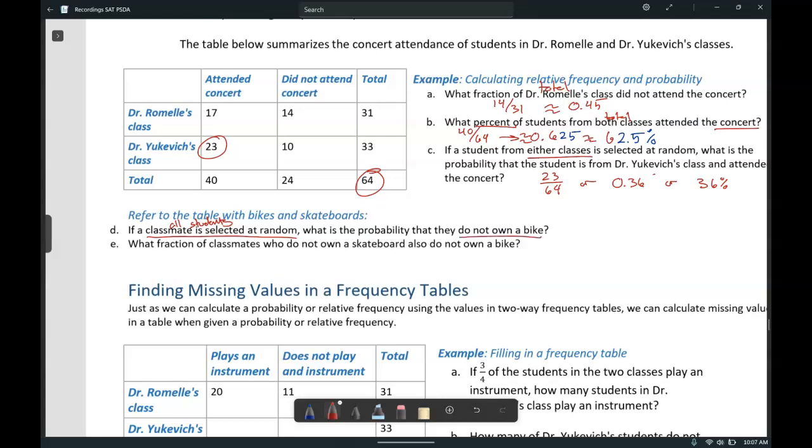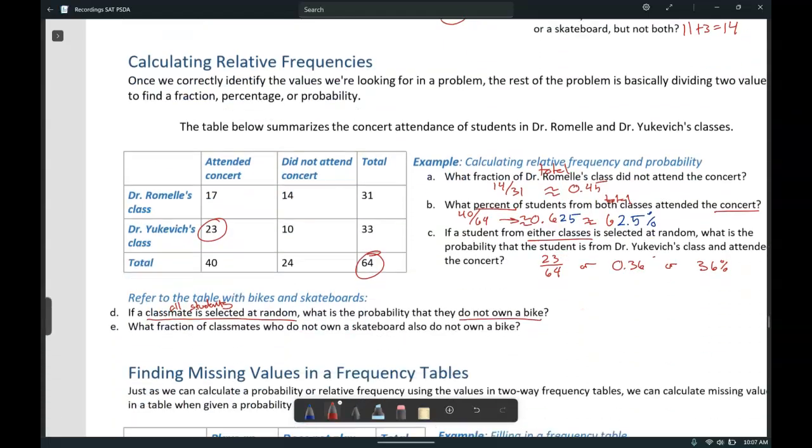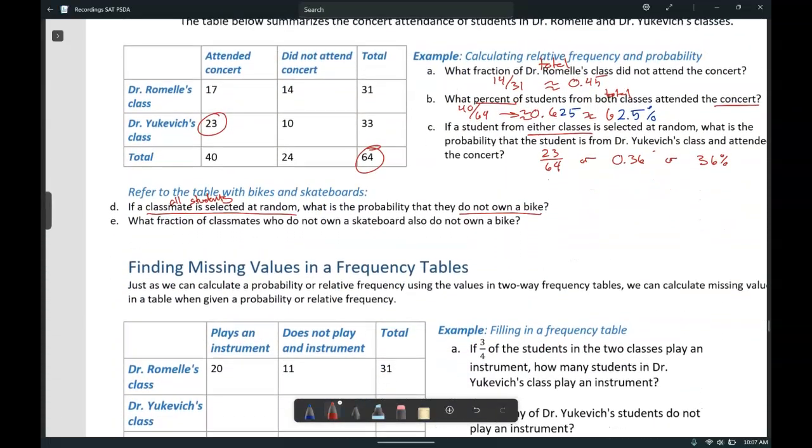So we want to look at the total that do not own a bike. Well, we find the column of do not own a bike, and there's our total. So we get a probability of 10 out of 25, which can reduce to 2/5, or in decimal notation, 0.4, or as a percent, 40%.